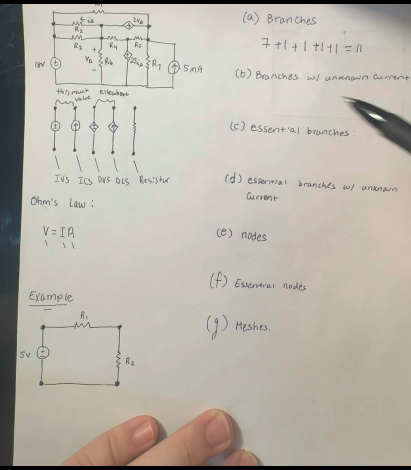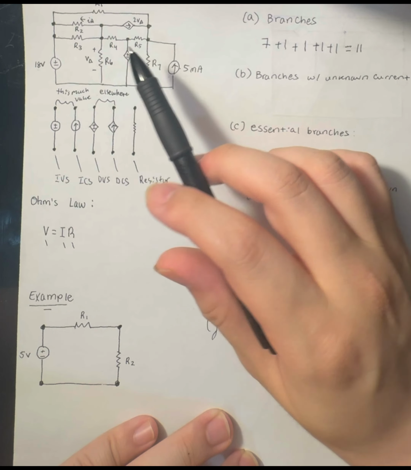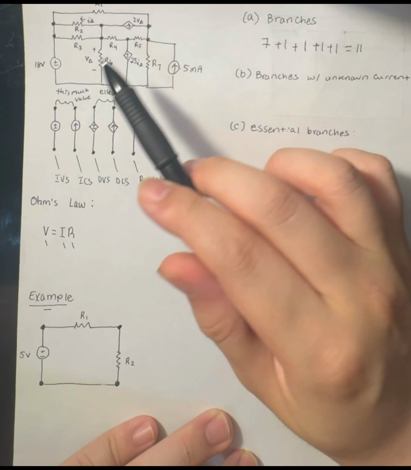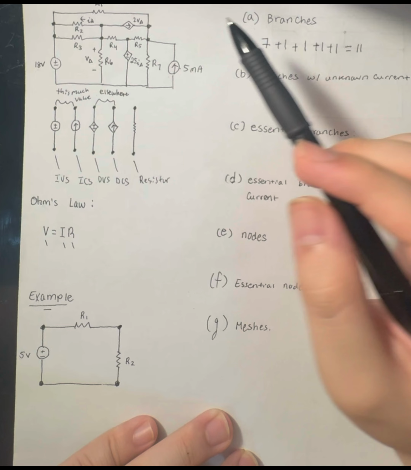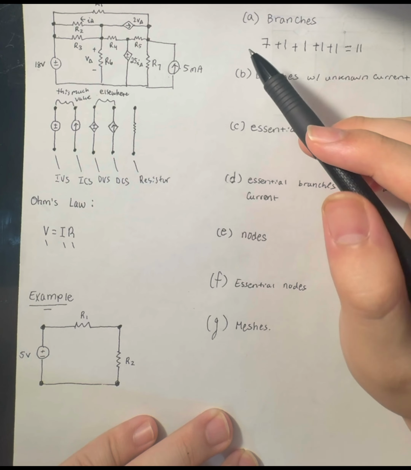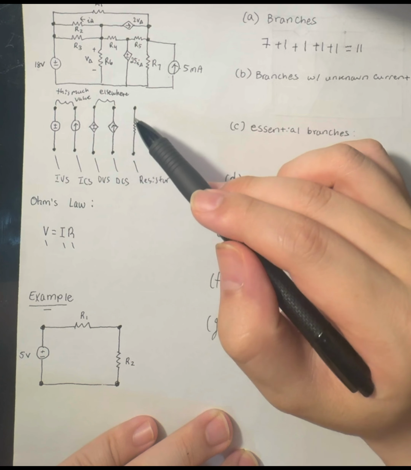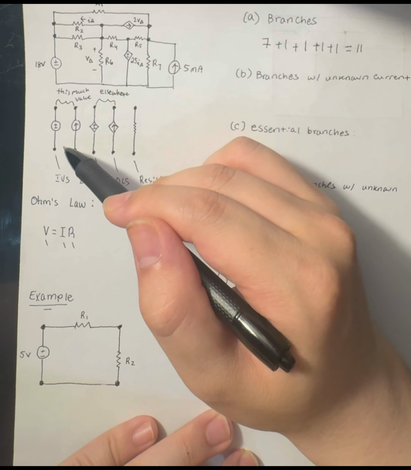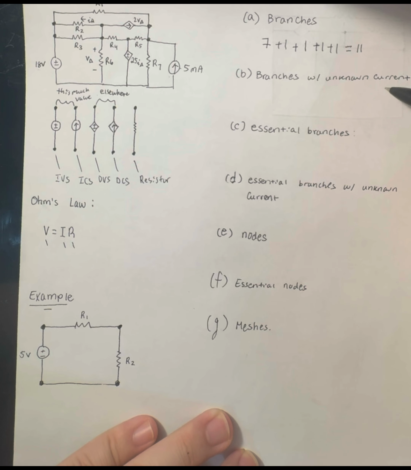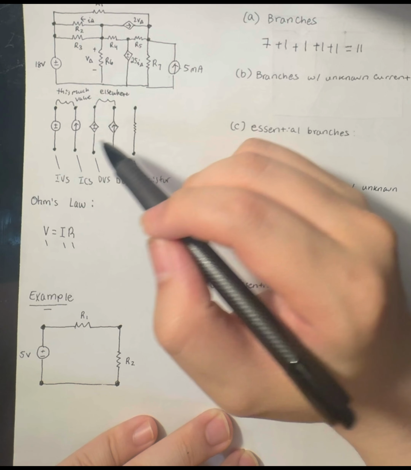And branches with unknown currents. Which branches or which circuit elements tell us exactly how much current is in that branch? Like we explained earlier when we talked about circuit elements, only the independent sources tell us that. Specifically, if we want to know about currents, we should look at the independent current source, right?